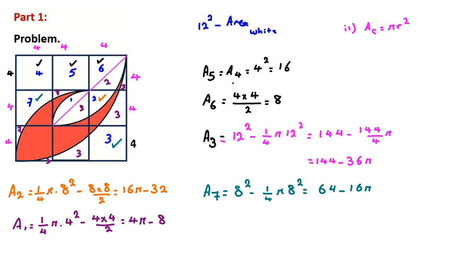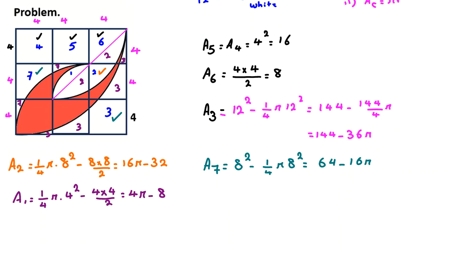Now we should calculate A1 to A7 and then subtract it from 12 squared. So let's see what the answer is. The answer is 12 squared, which is 144, minus the area of the white region, which is minus A1 minus A2 minus A3, so let's write it like this, minus the bracket A1, A2, A3, A4, A5, A6, A7. Now let's calculate.